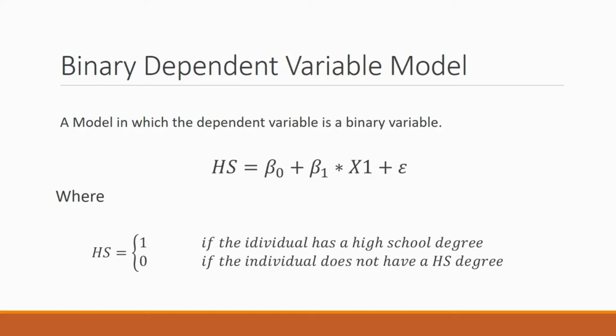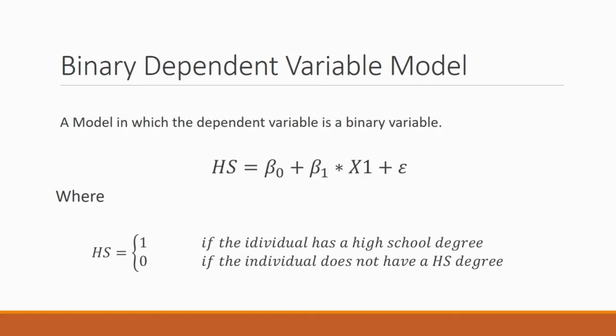That's a very important and relevant question because we want to make sure that students graduate from high school or college. So we want to know what factors determine whether or not an individual will graduate from high school. If we wanted to know that, we would use a binary dependent variable model where our dependent variable would be a binary variable like this HS variable, where it equals 1 if they have a high school degree and 0 if they don't.